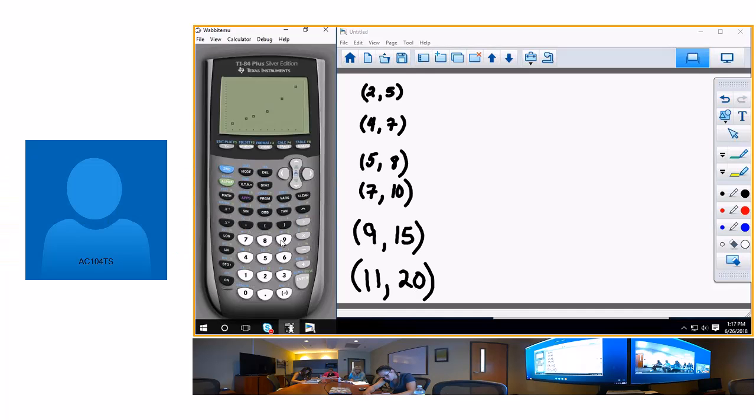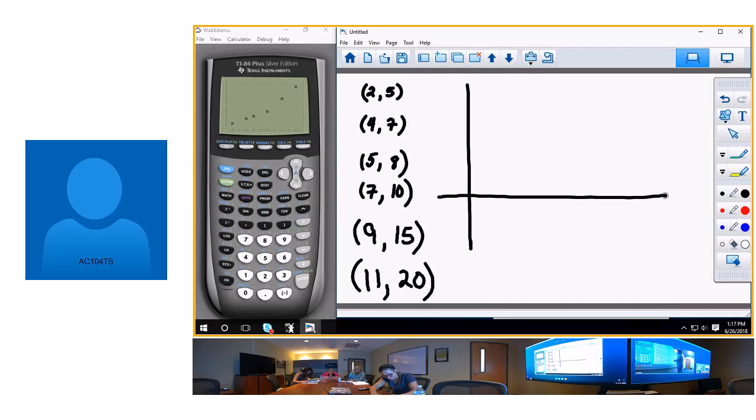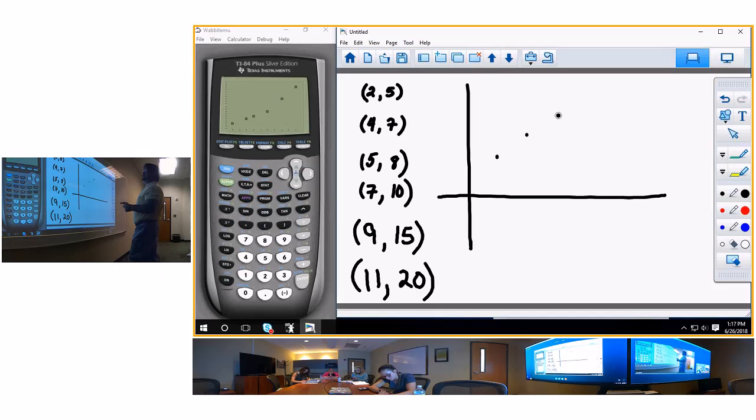So I'm going to take my handy dandy virtual graph, and I'm going to draw 2 and 5, 2 and 5, 4 and 7, 5 and 8, and those 3 are in line, and the 4th is in line, and then I've got one that's going up like that, and I'm just going to draw, looks like that right there or something.